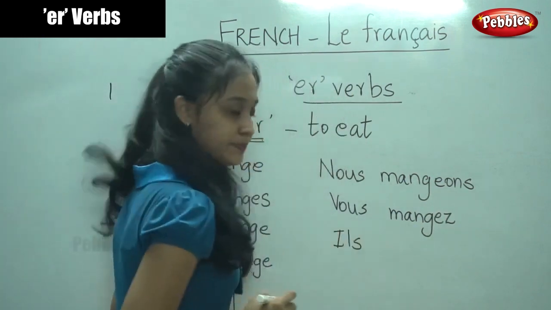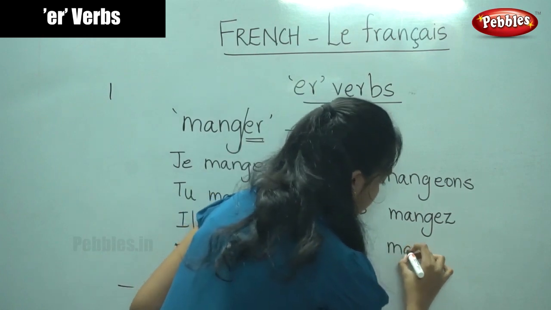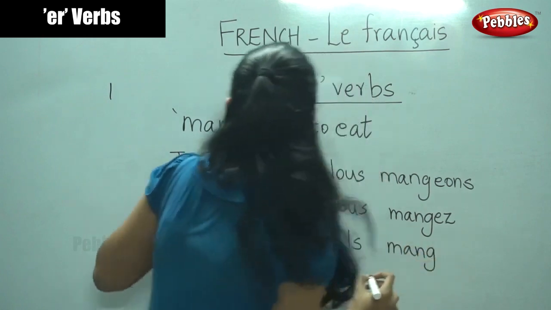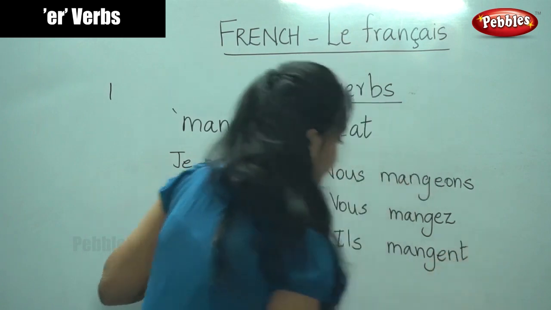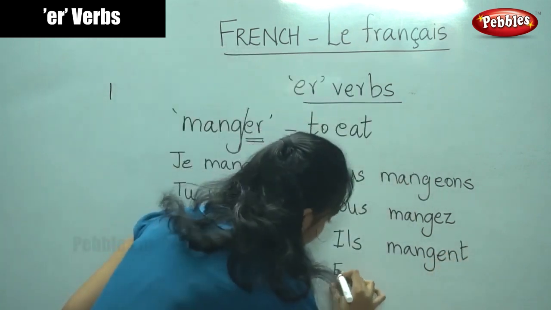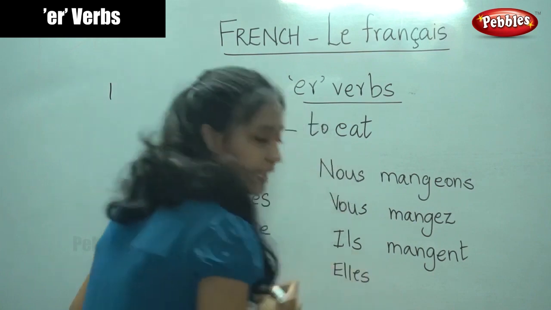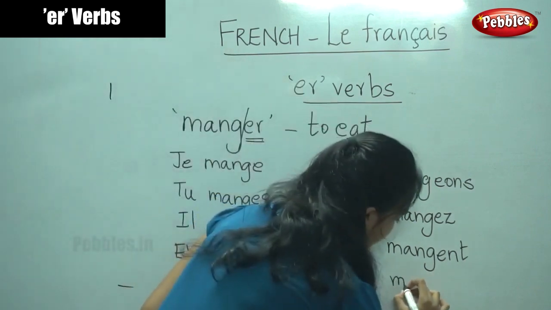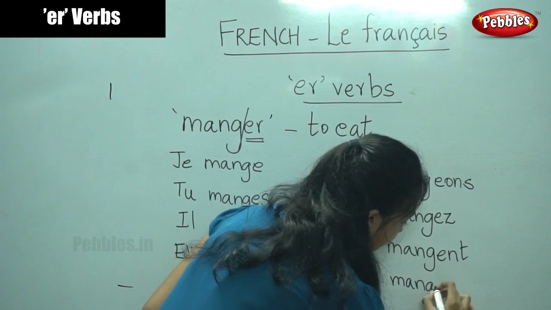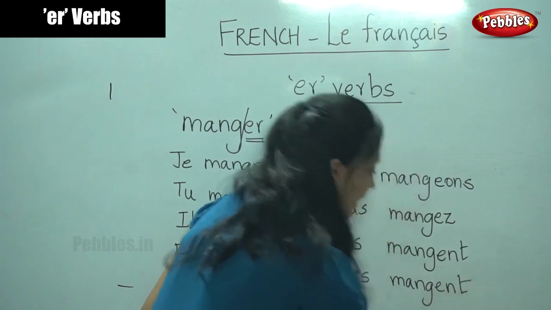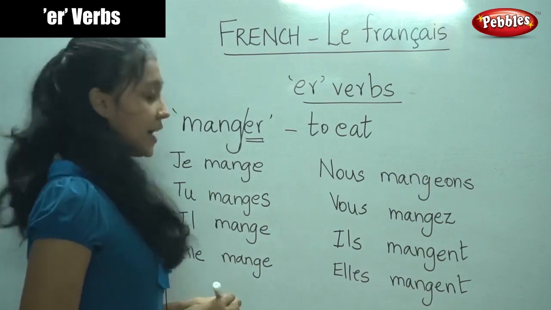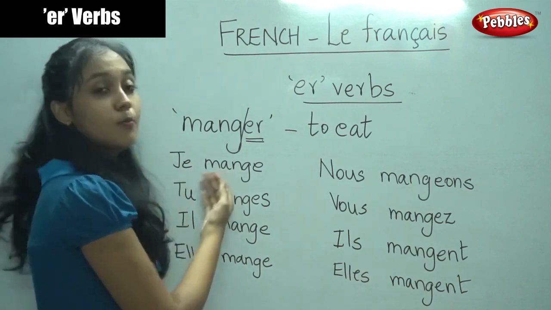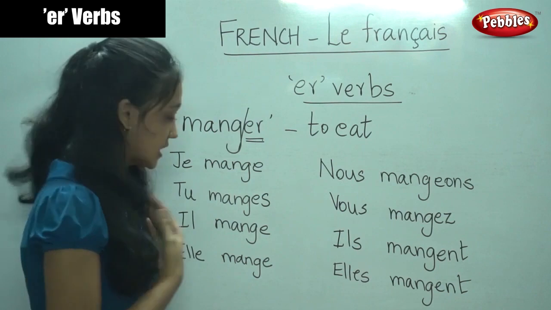For ils, you would remove ER and replace it with ENT. For elles, you would remove E and R and replace it with ENT. So, when we translate this, what would you get? Je mange, I eat.